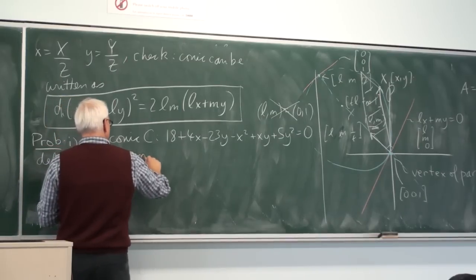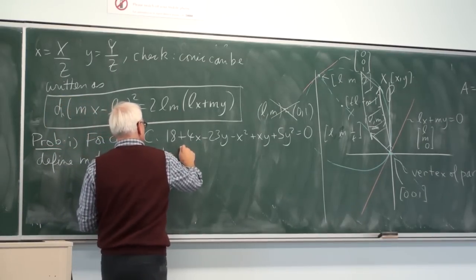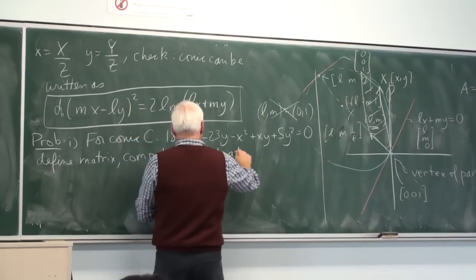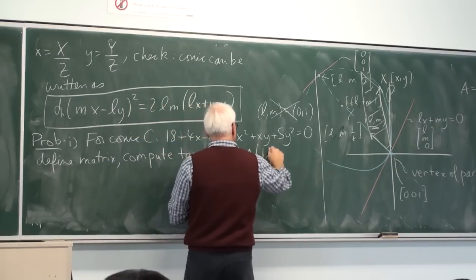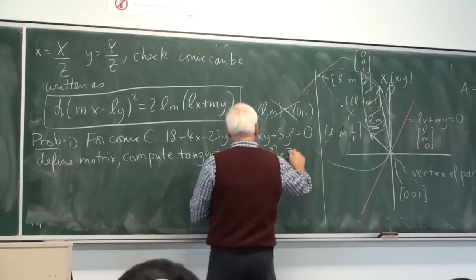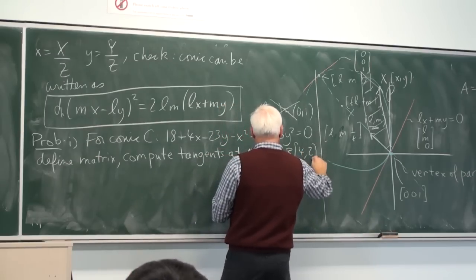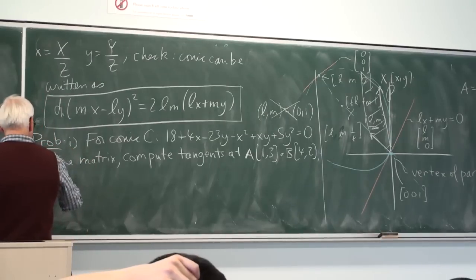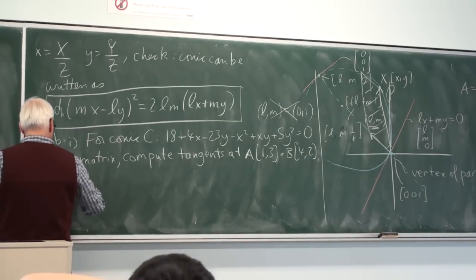Compute the tangents at two points, A, which is (1, 3), and B, which is the point (4, 2), using projective geometry.